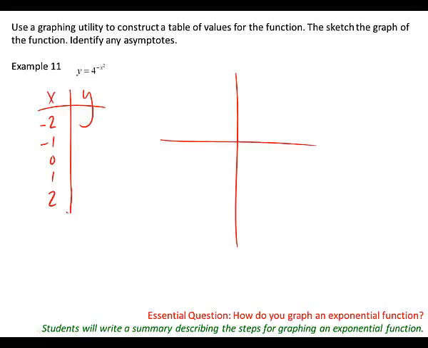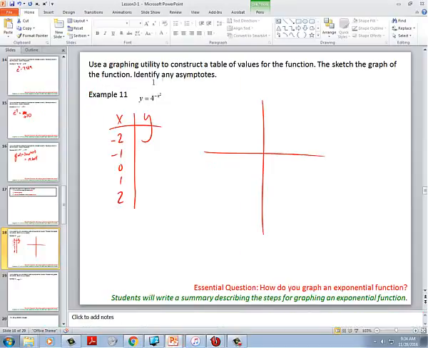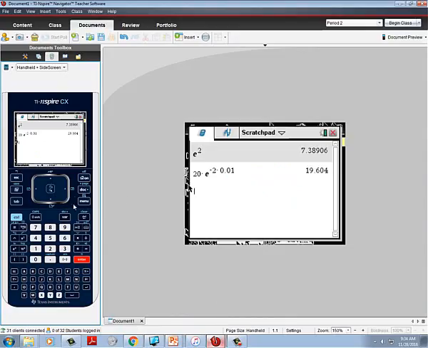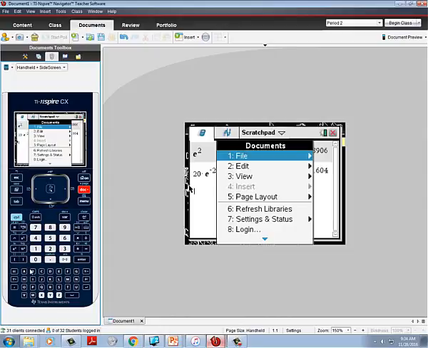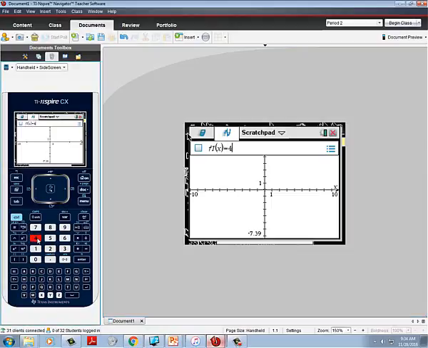So 5 makes it better. But we're going to do this a little bit differently than we did before. So let's put this function into your graph. I'm going to clear everything again. It was 4 to the negative x squared. Go ahead and graph it.